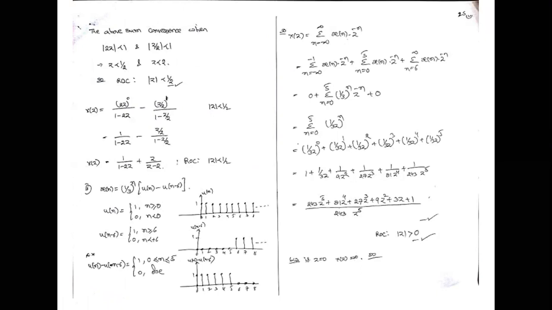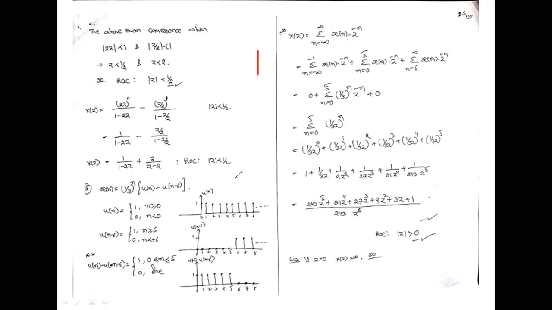And next example here, x of n is equal to (1/3) whole power n times u of n minus u of n minus 6. Already we have here u of n as the discrete function. u of n minus 6 means 6 samples shifted towards the right side.